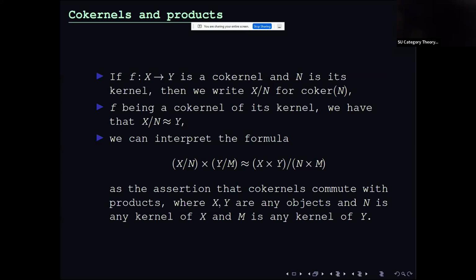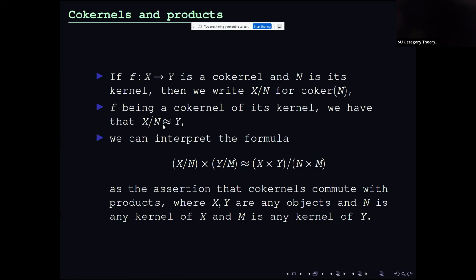So the interesting part of the condition is really about what is happening with co-kernels. Just to talk a bit about co-kernels, if f is a co-kernel of some map, and N is its kernel, then you can think of the quotient of X by the kernel as X quotient N, where N is the kernel. And then if f is a co-kernel, we have this canonical isomorphism.